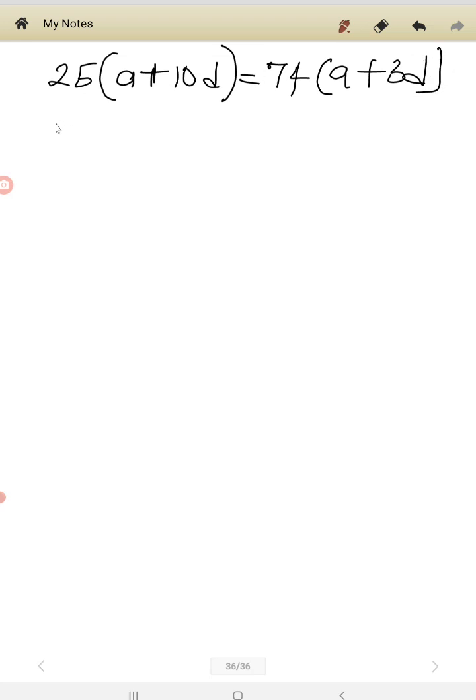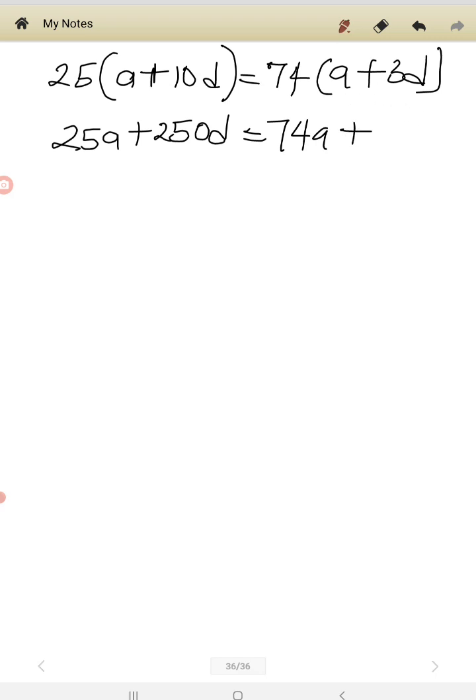By the time you expand the brackets, you have 25A plus 250D is equal to 74A plus.